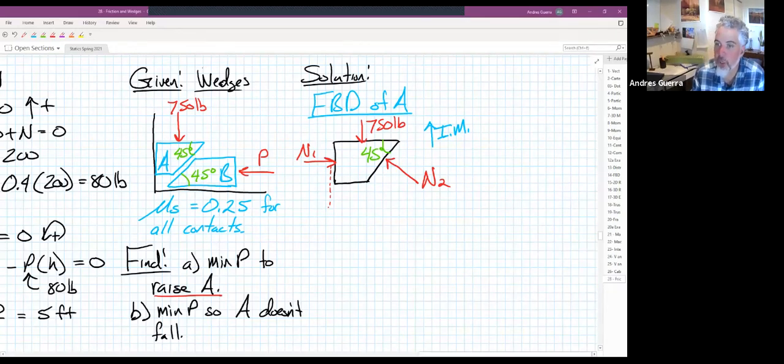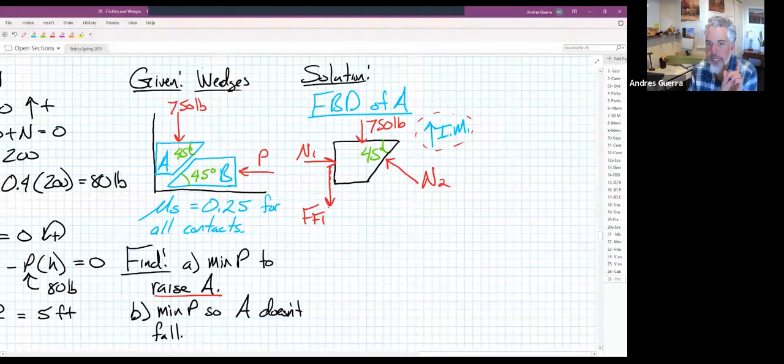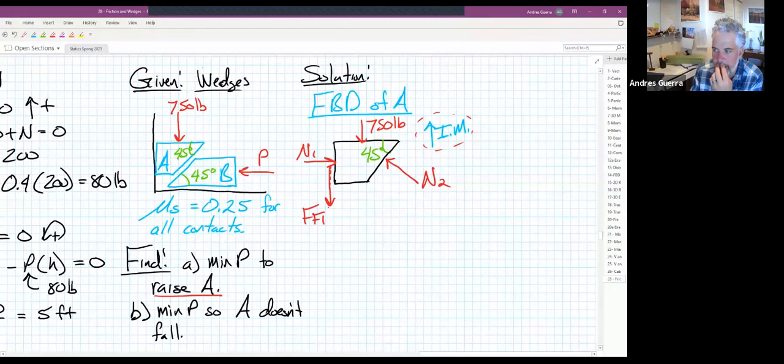The force of friction should go down, right? It's got to go the opposite. It'll always go the opposite direction of our impending motion. So we're going to have this FF1. Now, can we say that it's equal to mu times N? Is that valid? Are we on the verge of sliding? How do we know?